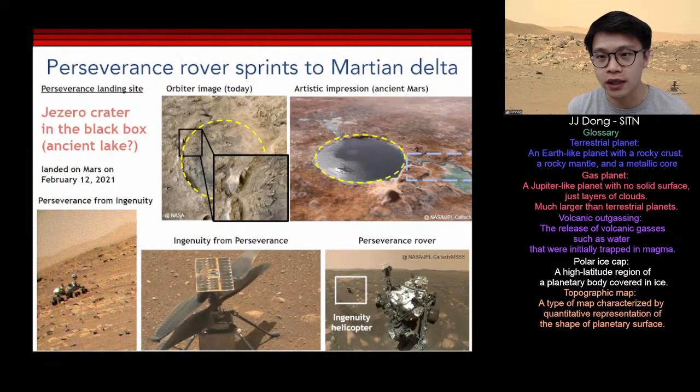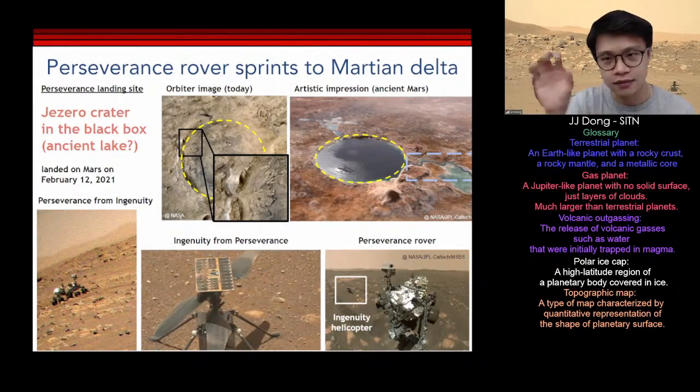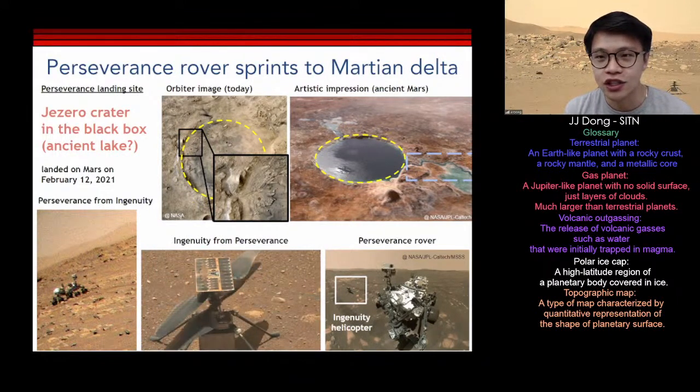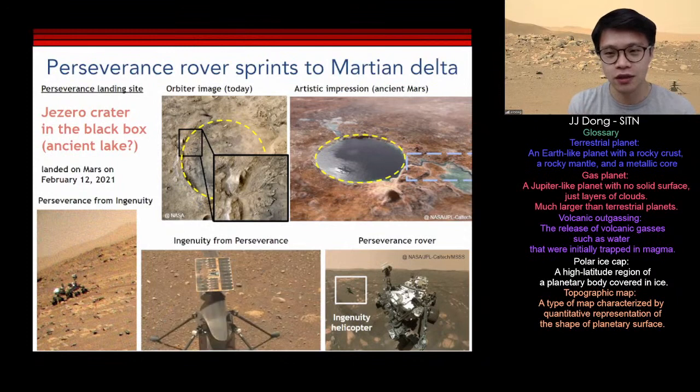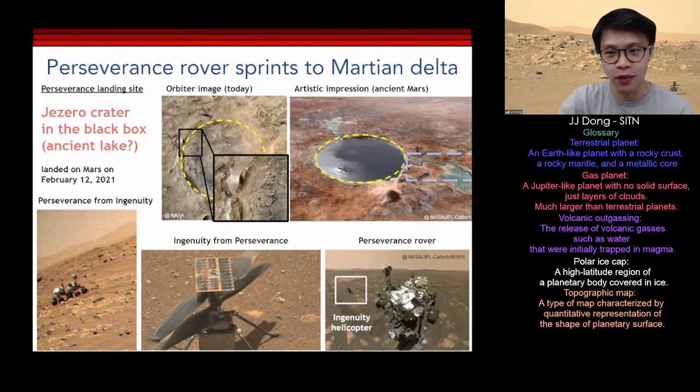The moving part in the picture is the high-resolution camera it carries to look at stuff on Mars. And just a side note, I think this is the most fascinating part of this mission. In this mission, we also sent a small helicopter to Mars. The name of this Martian helicopter is Ingenuity, and it can take photos of Jezero Crater from above.